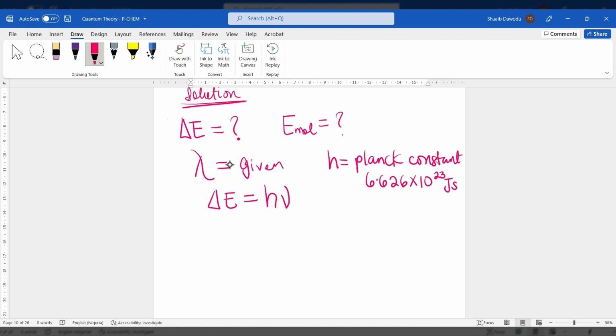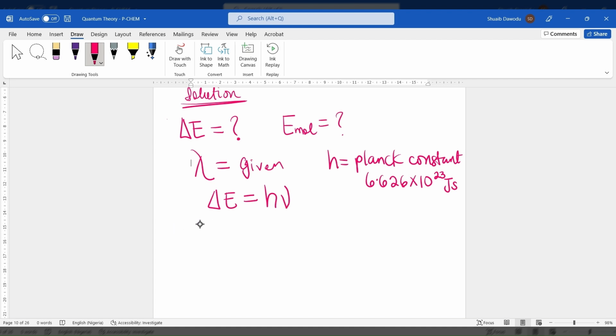What we're given is the wavelength. How can we use what we're given to solve for what we're not given? We can do that by comparing the wavelength lambda with the frequency v.